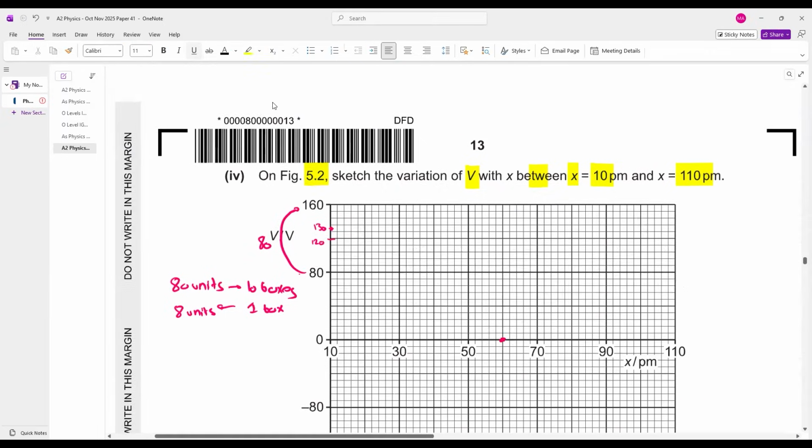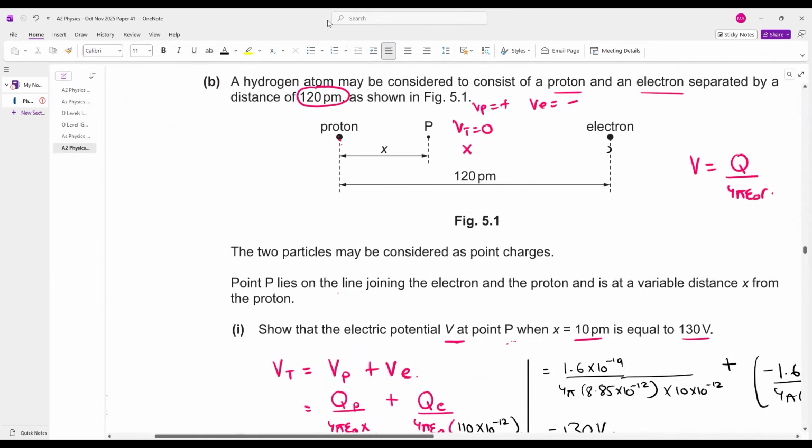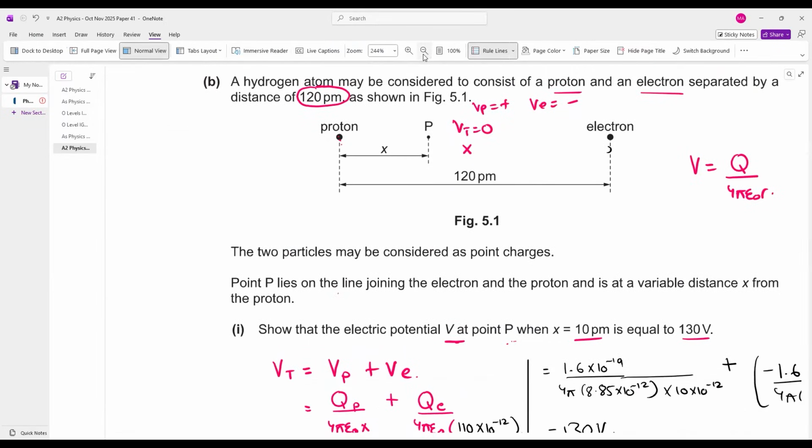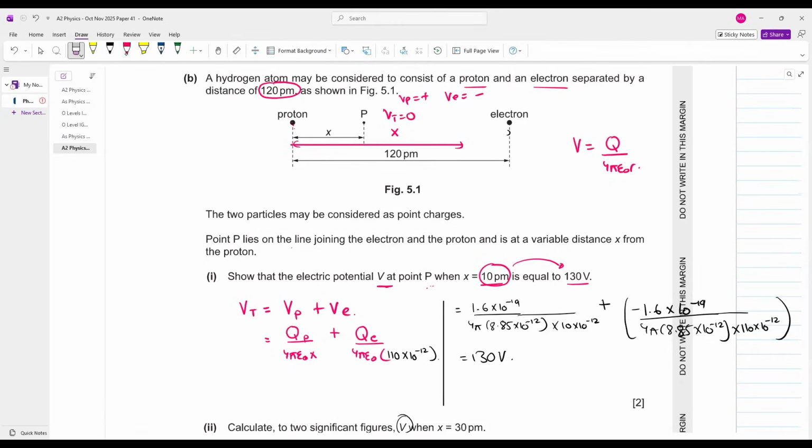Very, very easy. Just focus on the board. You have realized that at a distance of x equal to 10 picometer, your electric potential is 130. When x becomes 110, okay, let me erase all the other weird stuff here.